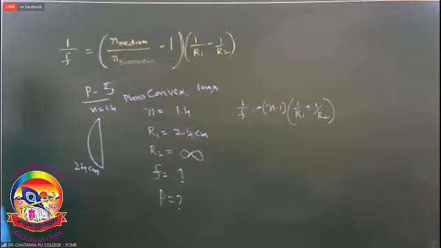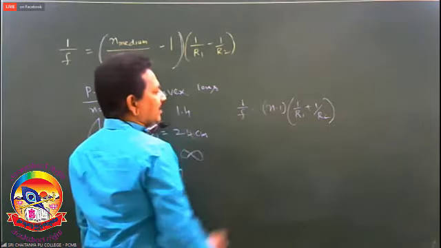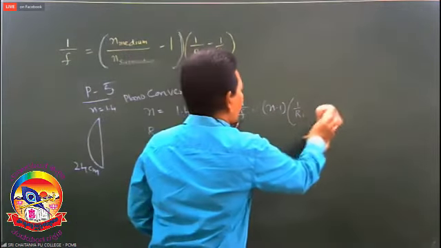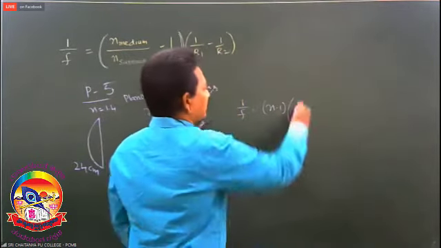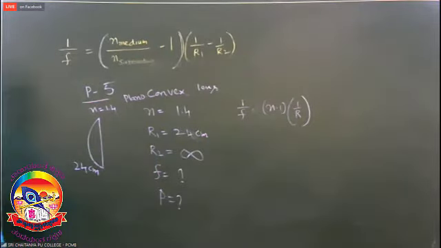Then write down the formula. 1 by F is equal to plus (N minus 1) into 1 by R. Direct formula, because R2 value is infinity, 1 by R2, 1 by infinity, 0. Plano convex lens.